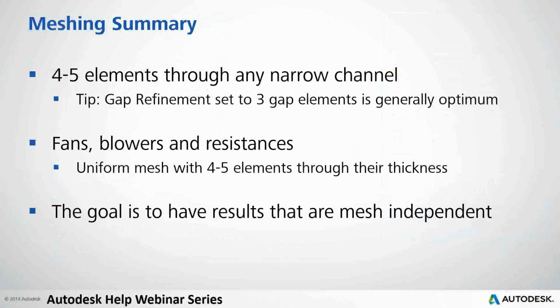If you've got fans, blowers or resistances in the model, make sure that they have a uniform mesh and they have 4 or 5 elements to their thickness. This is so often the reason why resistances and fans aren't giving the values that we're expecting of them. It's almost always down to the mesh. And then once you've got some results, try to make sure they're mesh independent. So if you can and you've got time to iterate and refine the mesh, it's a really good idea to do so.